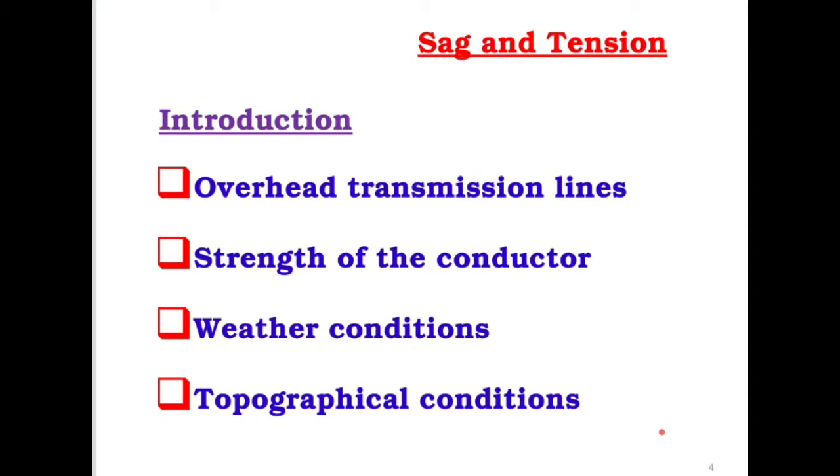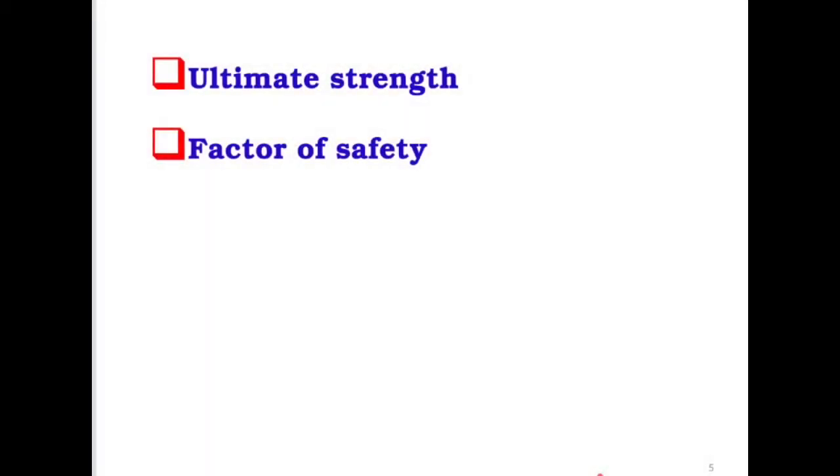But if the land is not plain, sometimes the two supports are at unequal levels, causing the supports to be of unequal height. So the topography is in the scenario as well. These are the main things that we consider in sag and tension.